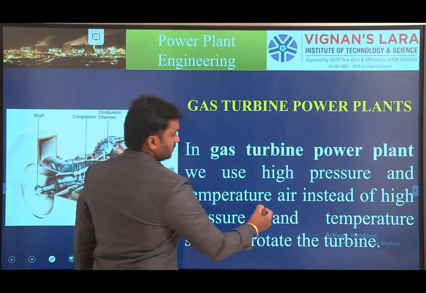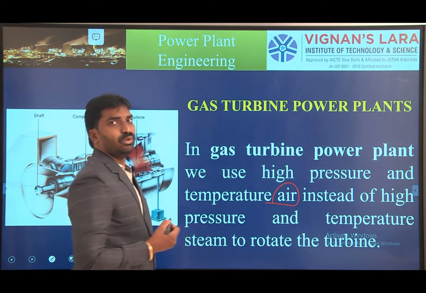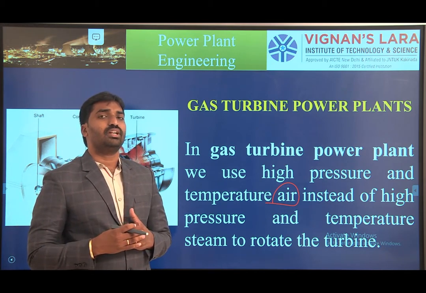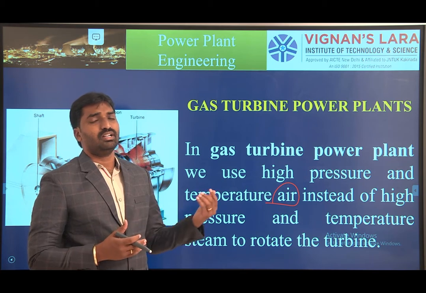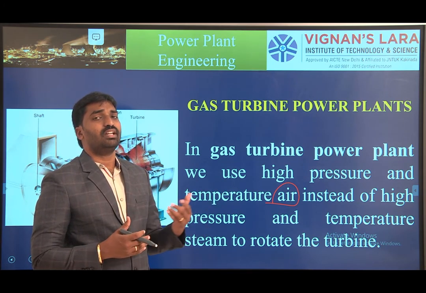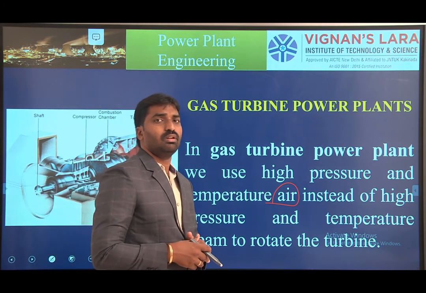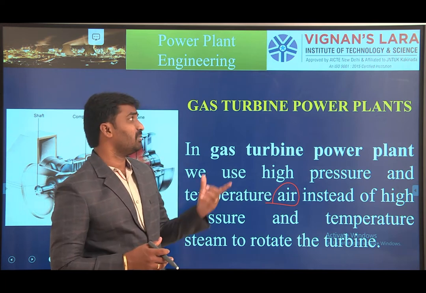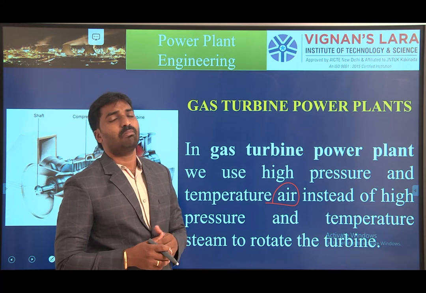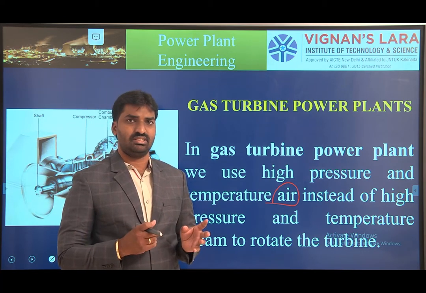In a steam power plant we use coal as fuel, but in a gas turbine power plant we can utilize different types of fuels. Generally, we prefer high octane number fuels. Gas turbine power plants are also known as combustion type power plants, because here also the combustion takes place.